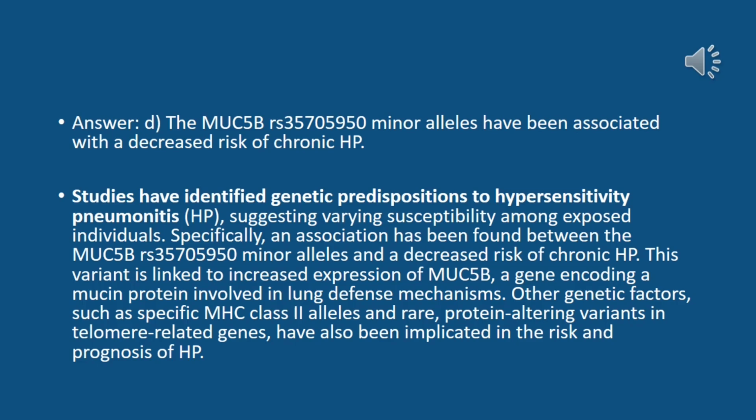Specifically, an association has been found between the MUC5B rs35705950 minor alleles and a decreased risk of chronic HP. This variant is linked to increased expression of MUC5B, a gene encoding a mucin protein involved in lung defense mechanisms. Other genetic factors, such as specific MHC class II alleles and rare, protein-altering variants in telomere-related genes, have also been implicated in the risk and prognosis of HP.